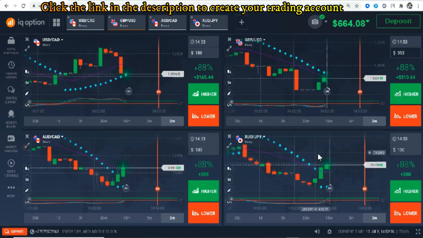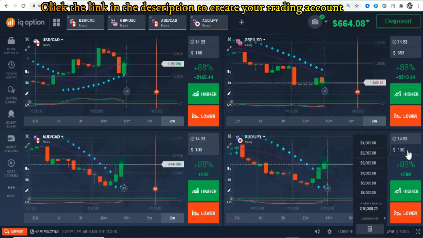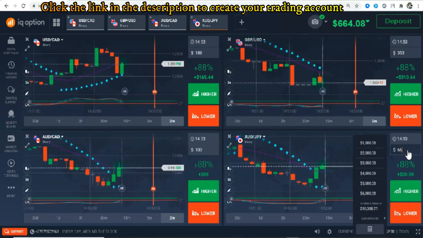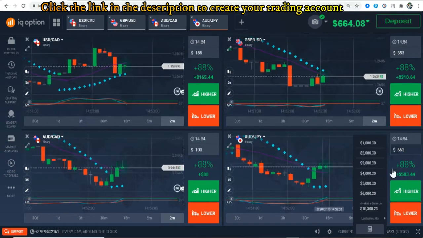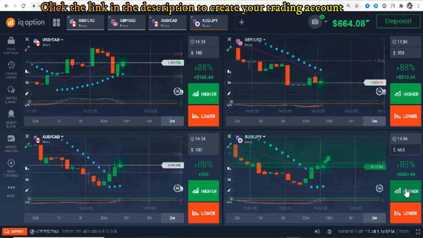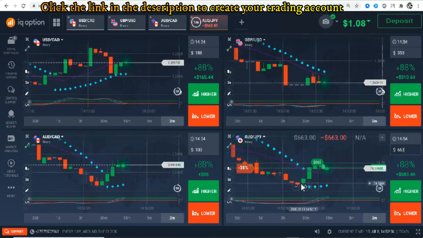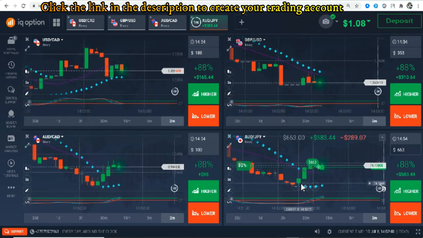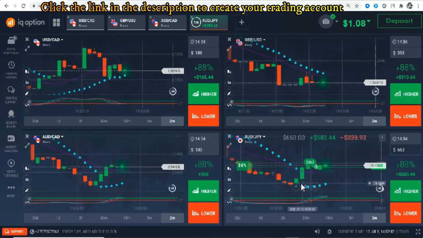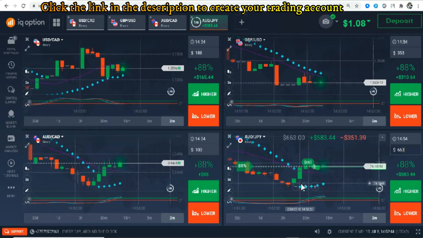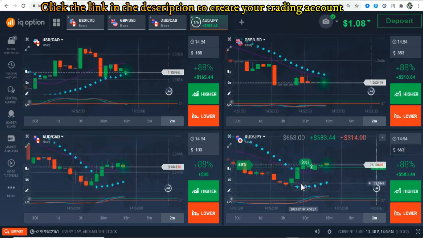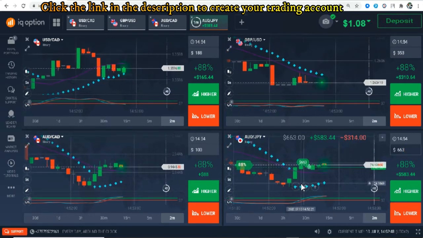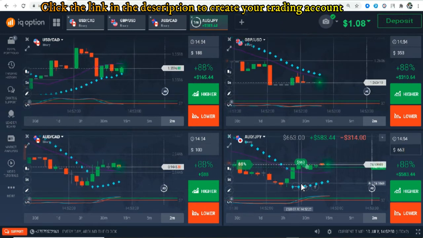So if you're a beginner, you've got to be a little bit patient in really observing your entry points. All right, 663, and then we buy. Okay, so we've placed another buy on Australian dollar and Japanese yen, that's AUD JPY.